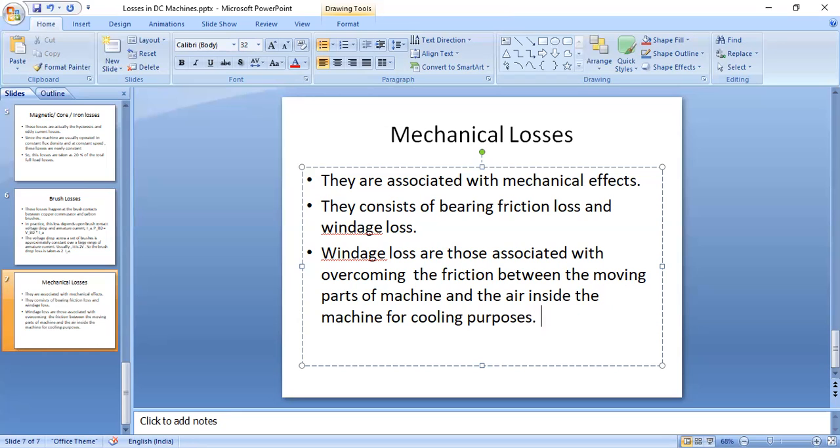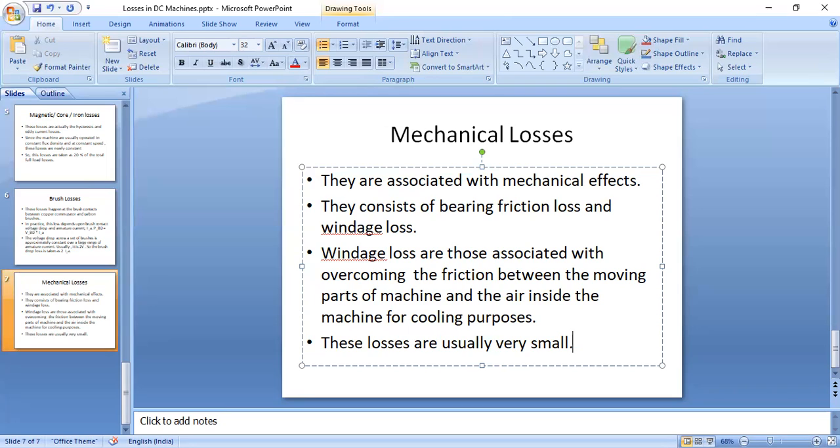Also, these losses are usually very small. So mainly the losses are associated with the mechanical losses, and they consist of both the bearing friction loss and the windage loss.